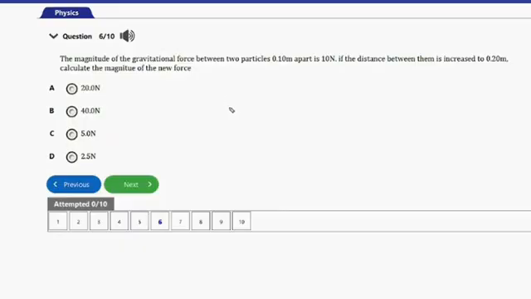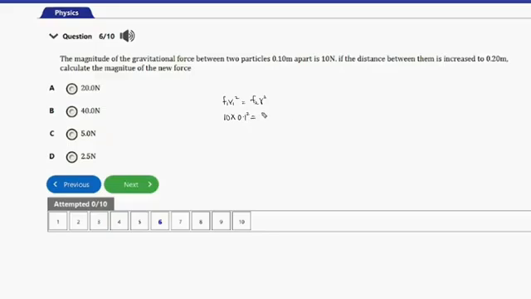We're going to use that F1 R1 squared is equal to F2 R2 squared. So F1 here is the first force, which is 10 newtons, times R1 squared, which is 0.1 squared.